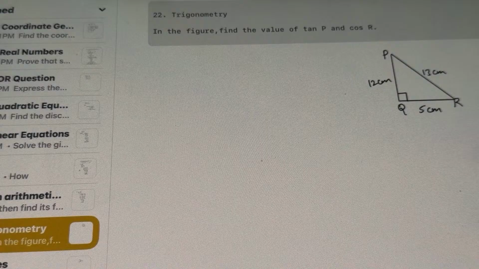We are going for the new problem. This problem is based on trigonometry.